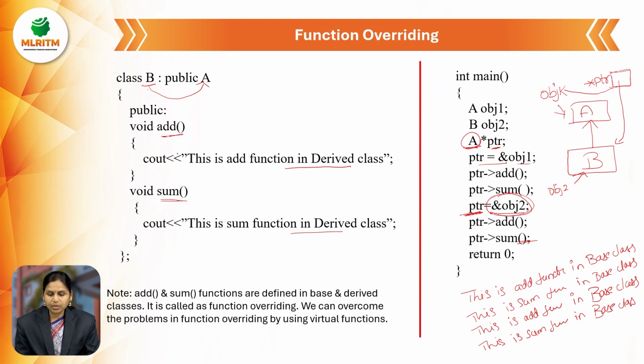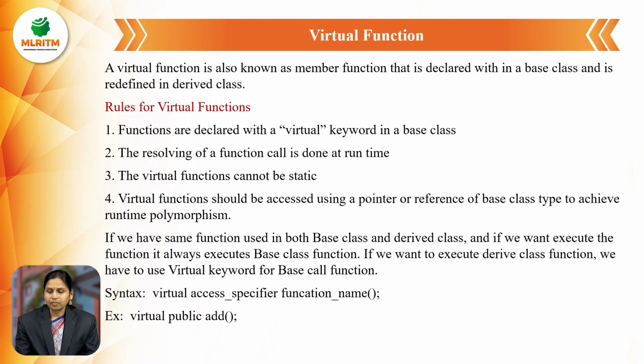We are not executing the child class functions. So if you want to execute these two functions after overriding the functions in base class, we have to use the virtual functions concept.